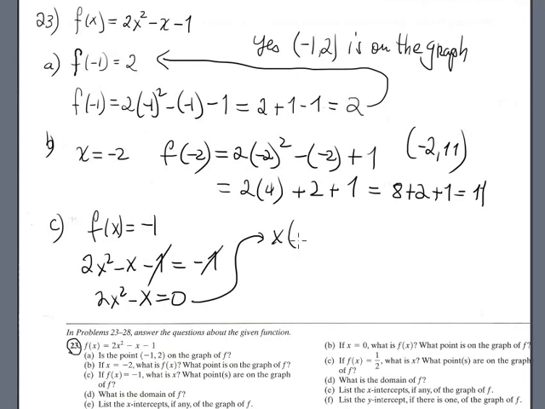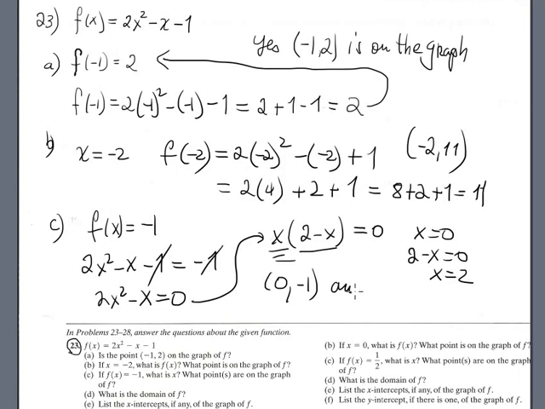Factor out x: x times (2x minus 1) equals 0. Therefore, we have two values: x equals 0, which is the first factor, and the second factor is 2x minus 1 equals 0, so it's obvious that x is equal to 1/2. So we have on the graph 2 points, the point (0, -1) and (1/2, -1).